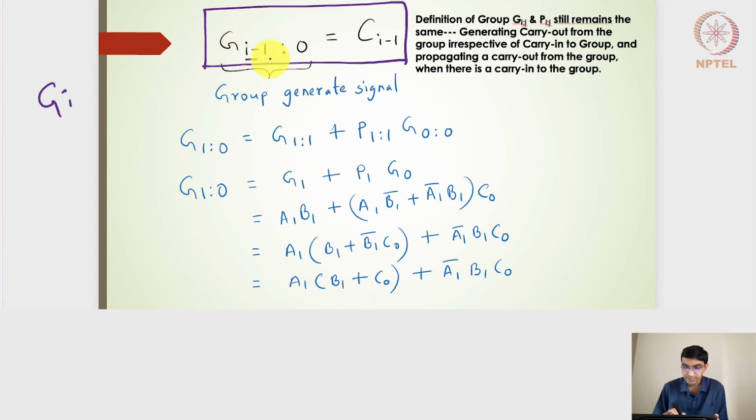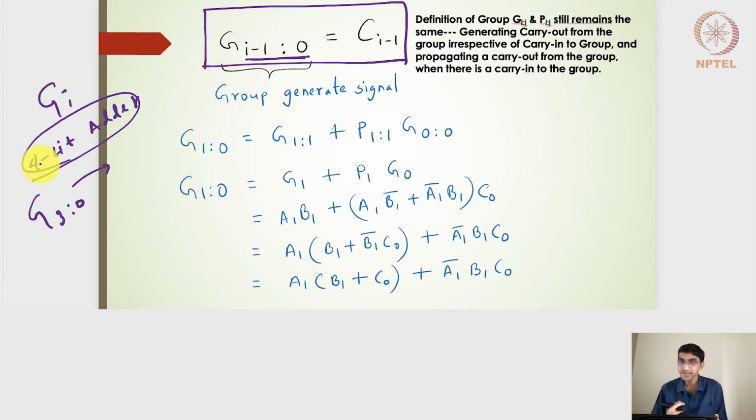If I am using, let's say, a 4-bit adder circuit, I can generate a group-wise signal 3 to 0, and use this to express the 4-bit addition sum expression and the carry out expression.